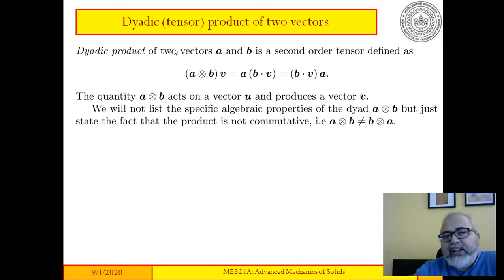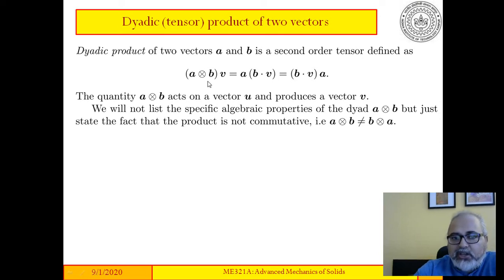A second order tensor can also be generated if we define a new kind of product between two vectors. So let's take two vectors a and b, and we define something called a dyadic product of a and b. This dyadic product is not the dot product or the cross product. This is a little different from the cross product because you have a cross with a circle.